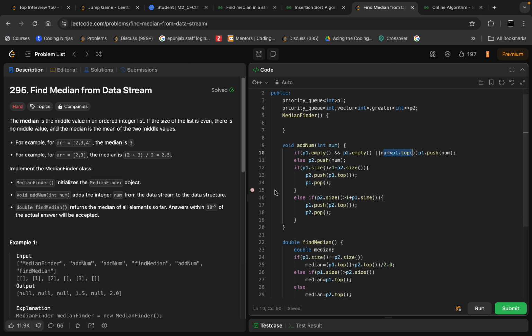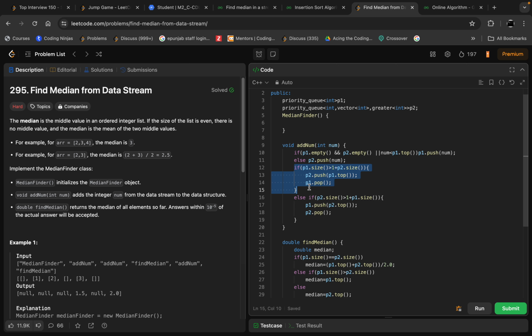And in this condition I'm checking that the size difference between the two is never greater than 1. If it exceeds, I will pop the top of one of them and insert it in the other.